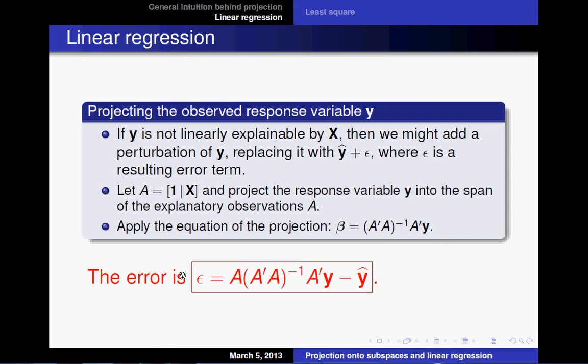But of course, we might derive all this by calculus, because we said that the projection guarantees the closeness to the original right-hand term.